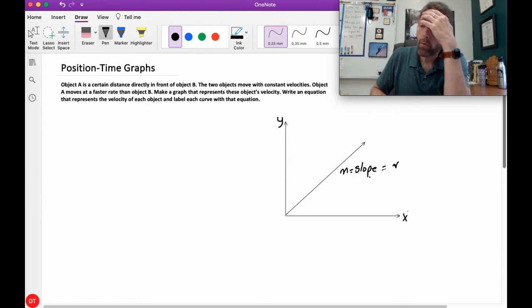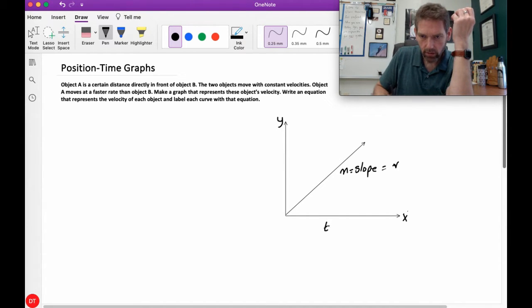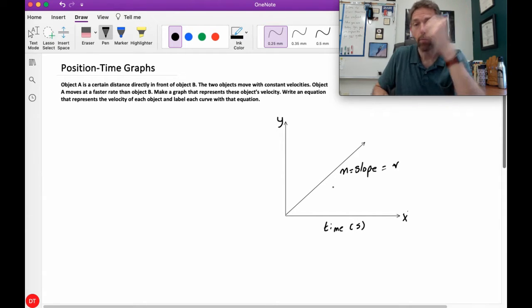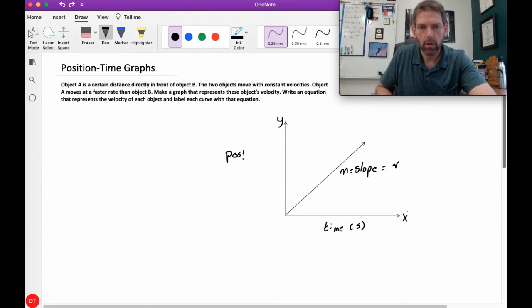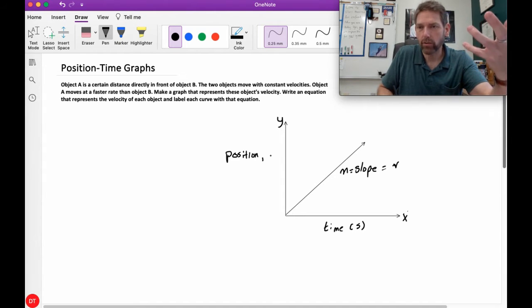And then what we want to think about is, if we're looking at a concept like this, then obviously this is time, and typically seconds is how we measure that. And then right here we would have position, which typically we think of as a change in x or a change in y.